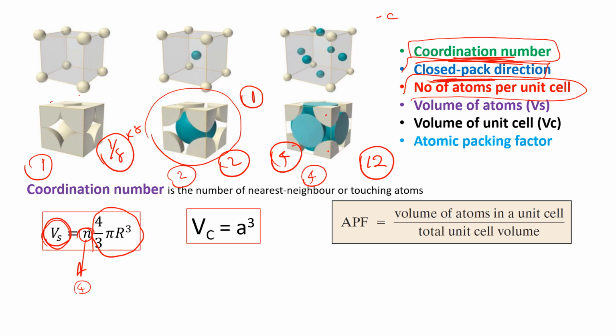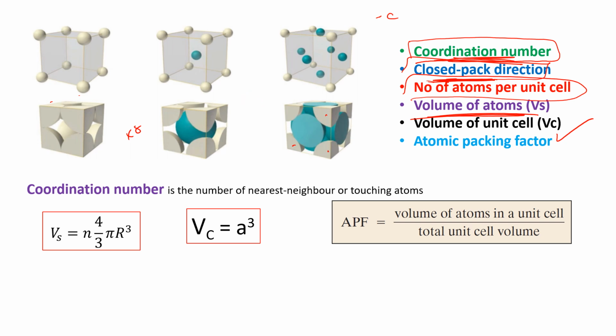Okay. So what do we mean by volume of this one also? We are done. So volume of unit cells means what? They all are cubes. Am I right? So volume of a cube is a cubed, if you know one side is A. However, we don't know this A, but the radius of any element is known.